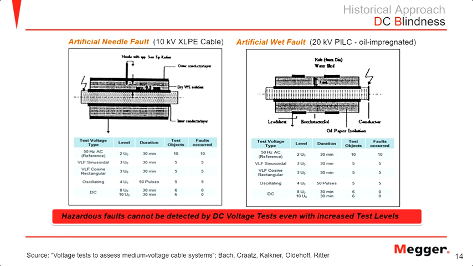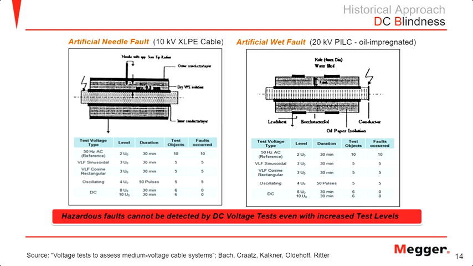Similar to the example here, they did an artificial wet fault where they seeped some moisture into the insulation. Likewise, you see here, it's basically a water-filled hole, and you have similar results here as well. The defects were found only when injecting 8 to 10 times operating voltage, right?